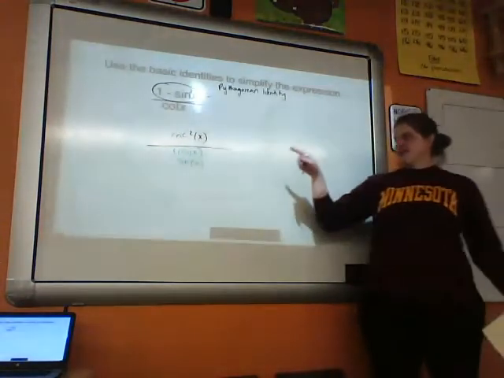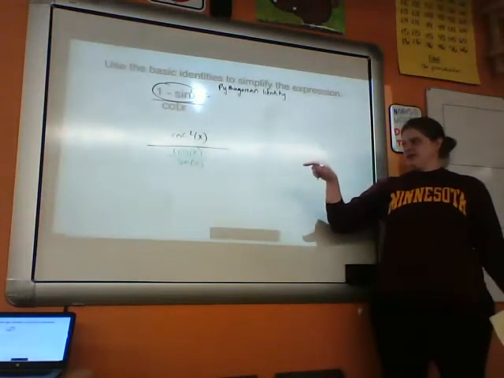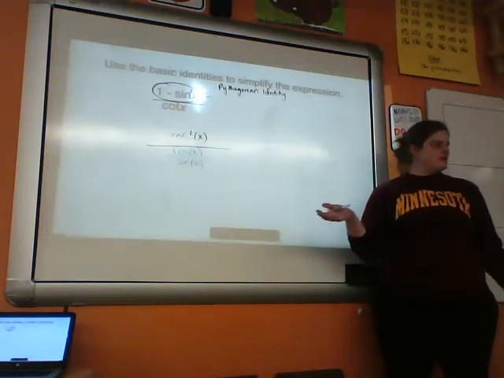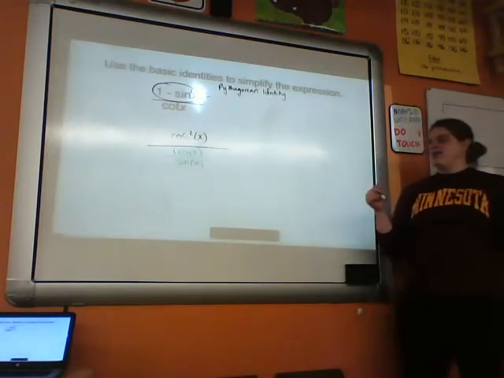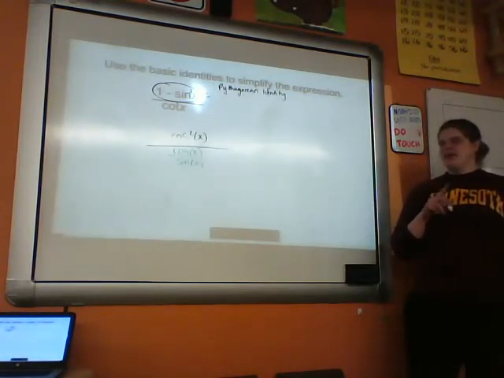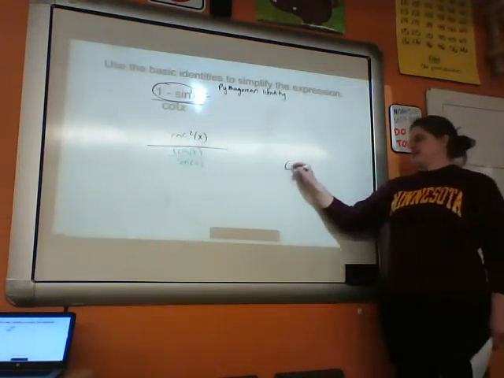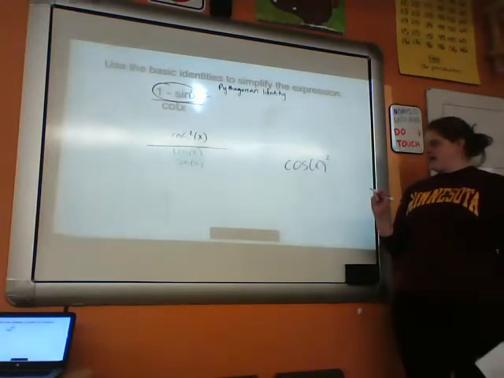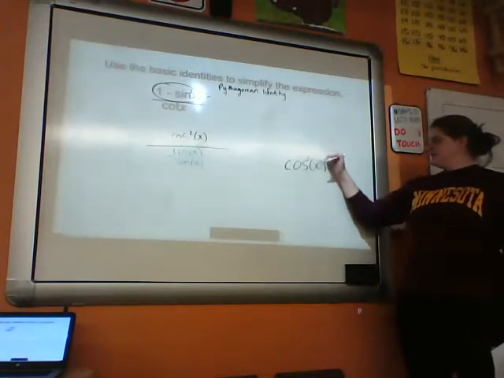So we now have cosine squared of x over cosine over sine, which also is weird, but a fraction over a fraction means that you could multiply by the reciprocal if you feel like it. Also, I feel like I haven't talked about this yet, but cosine times cosine is not cosine squared there, it's here.